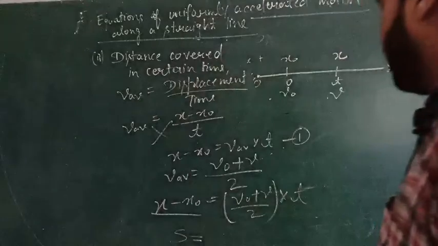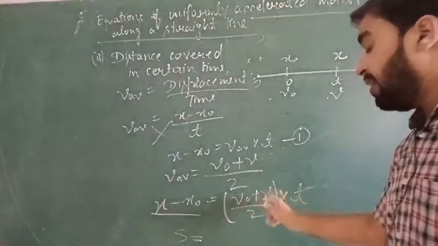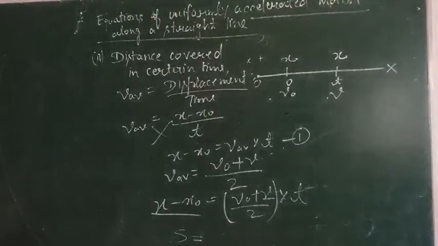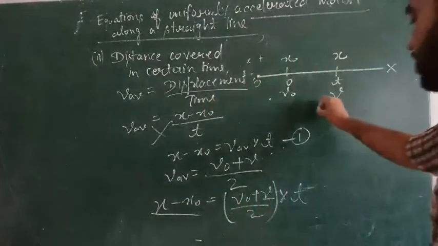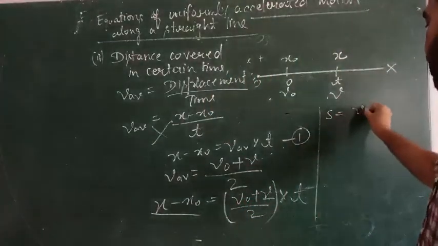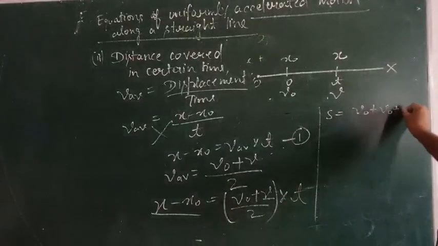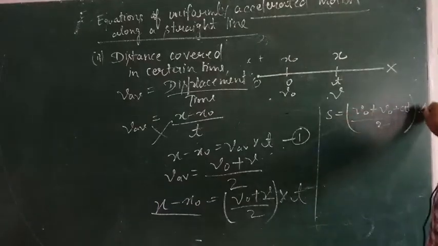So s is equal to, before opening the bracket, in place of v we can write v0 plus at. I think this is not visible to you, so I am doing it here. So s is equal to v0 plus, in place of v, v0 plus at, upon 2 into time t.